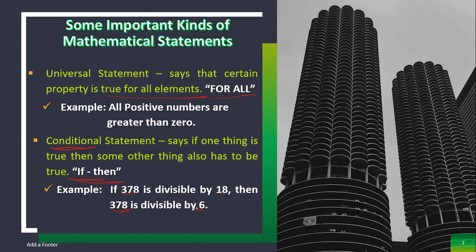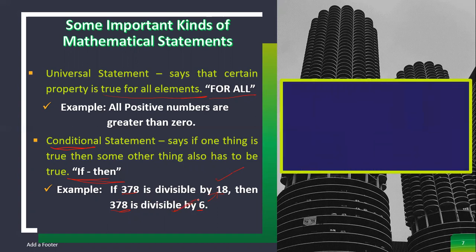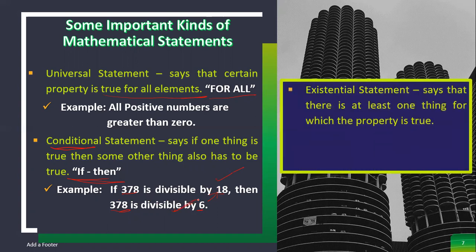Why can we say that 378 is divisible by 6? Because 18 is also divisible by 6. That's why we can also divide 378 by 6. So it is true in this statement and it is also true in this part, right? Okay.